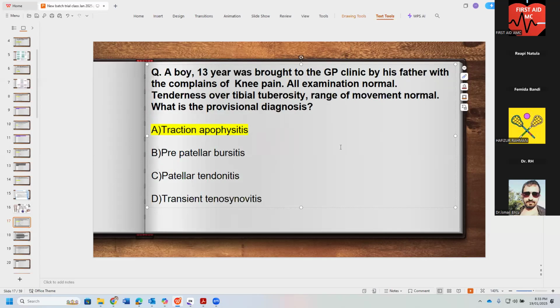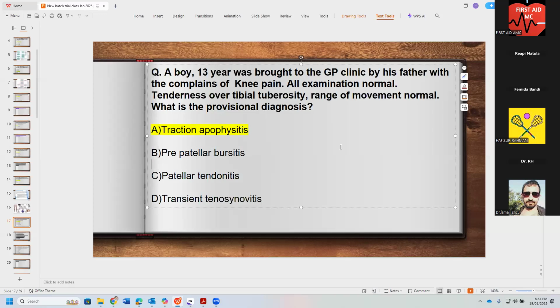Pre-patellar bursitis is common in people who do jobs that require them to be on their knees most of the time. For example, carpet installers, tradies who work with concrete and need to be on their knees all the time. They have pre-patellar bursitis. Less likely in a 13-year-old boy.